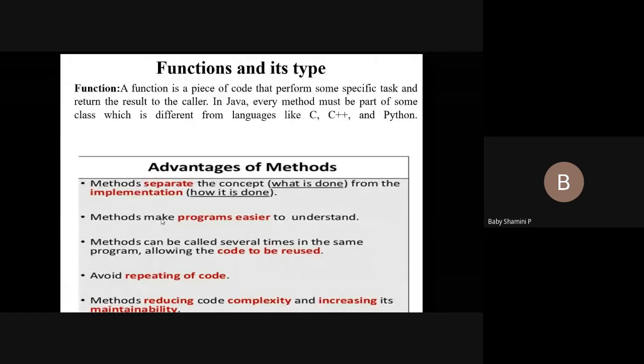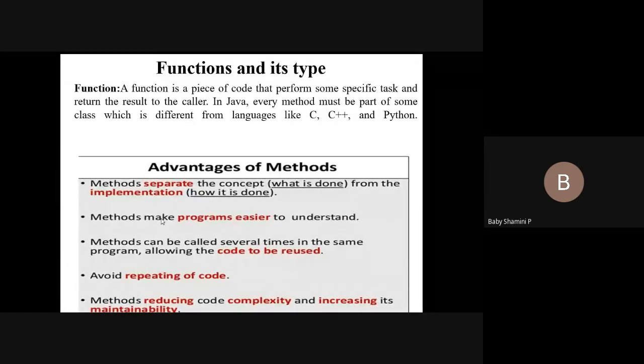In C, they are also known as modules. Larger problems are divided into smaller problems. These are developed independently, and finally, collaborating all the solutions of the subproblems, we get the main solution. This is a major concept of functions.